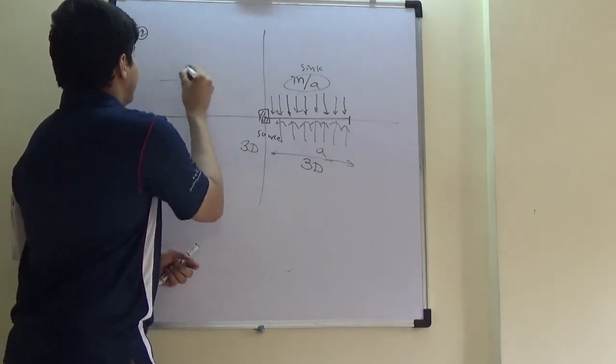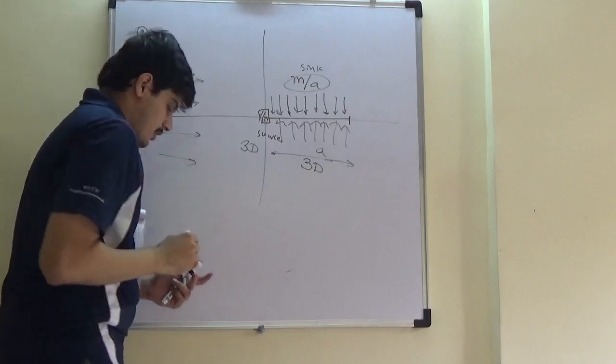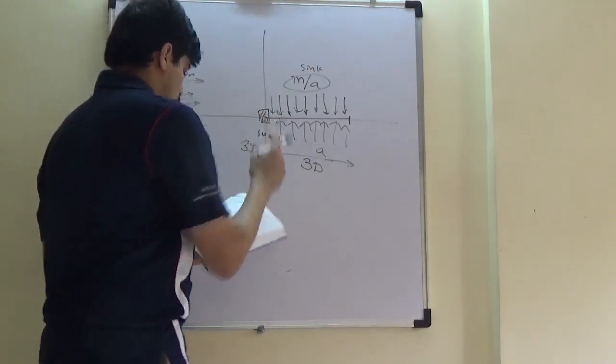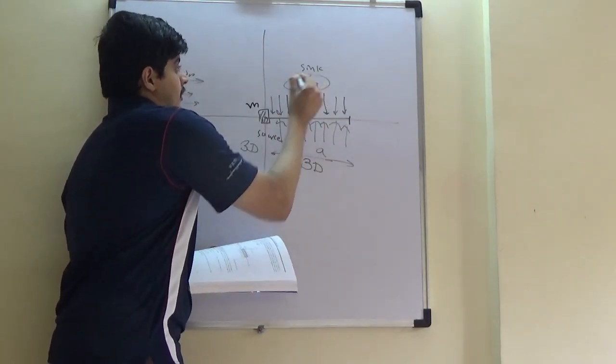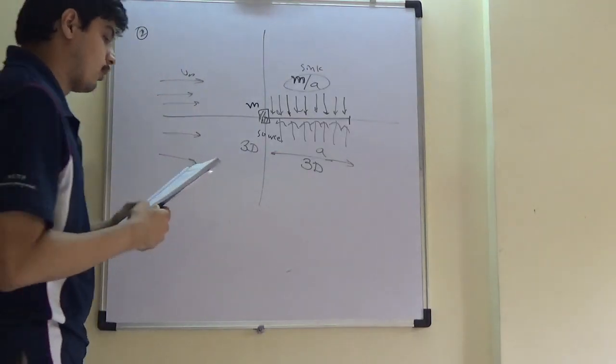And then there is a free stream component U infinity. So it's a slightly more involved problem where there is a three-dimensional source of strength m, a sink of m by A unidimensional, and then there is a U infinity flow.